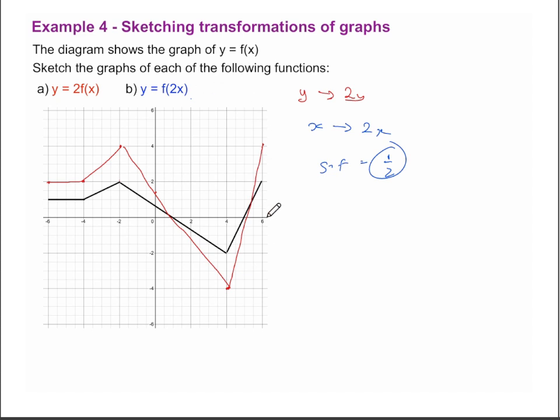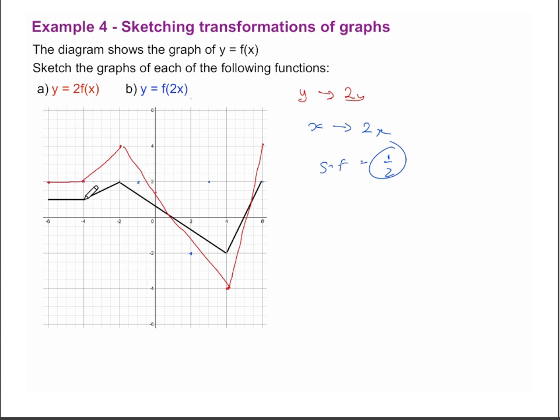Meaning, if my x equals 6 gave me 2, now my x equals 3 will give me 2. Okay? If my x equals 4 gave me negative 2, now my x equals 2 will give me negative 2. Obviously, y does not change. If my x equals negative 2 gave me 2, now my x equals negative 1 will give me 2.